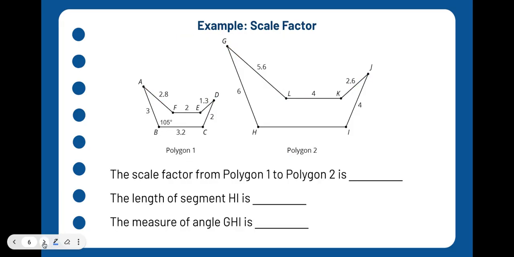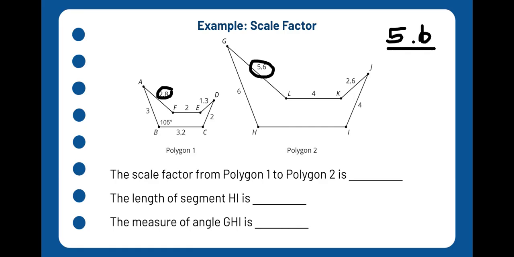All right. And then the last slide here, scale factor. The scale factor from polygon 1 to 2. So we got to figure out what the scale factor from polygon 1 to 2 is. So we can look at our corresponding parts. We know that this is 2.8 and its corresponding length is 5.6. So if you do 5.6 divided by 2.8, and when you divide that, you get 2.